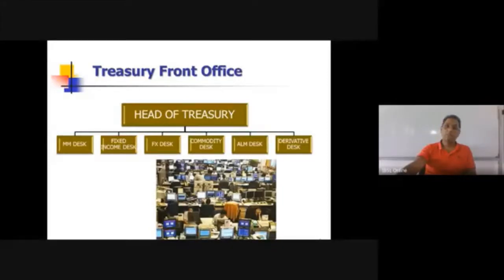A commodity desk, if you have commodities like gold and other precious metals that you're dealing with. The ALM desk is the balance sheet desk, basically, that deals in assets and works with ALCO on how to best fund their requirements.